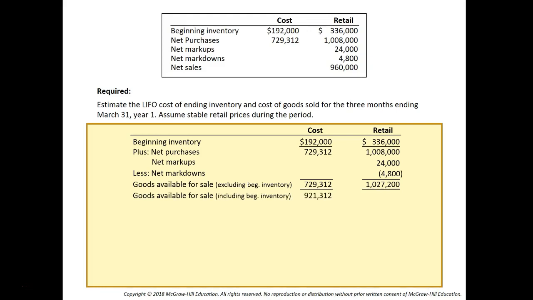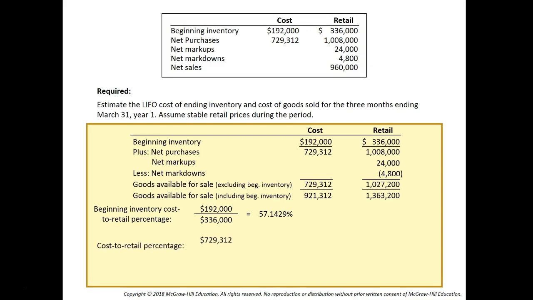Now, if we include our beginning inventory, we're at cost of $921,312, retail $1,363,200. So beginning inventory cost to retail percent, we take the 192 divided by 336 gives us 57.1429%. If we take our cost to retail percent during the year, we're at 71%.